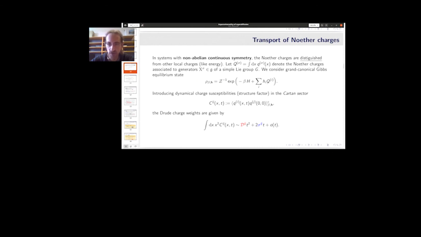So these are just the commuting ones. But in principle, from this Lie group, you can also have non-commuting charges. Correct. That's non-abelian hydrodynamics, where you would have non-commuting charges in your ensemble.